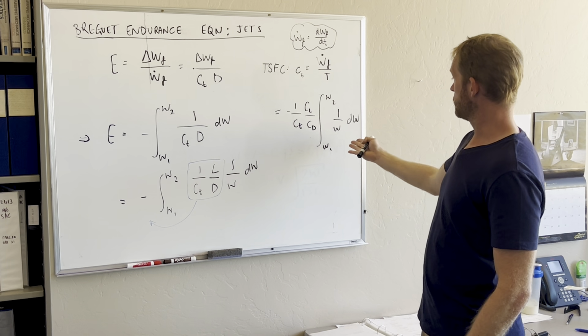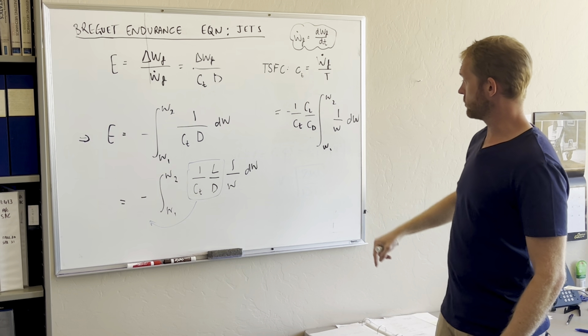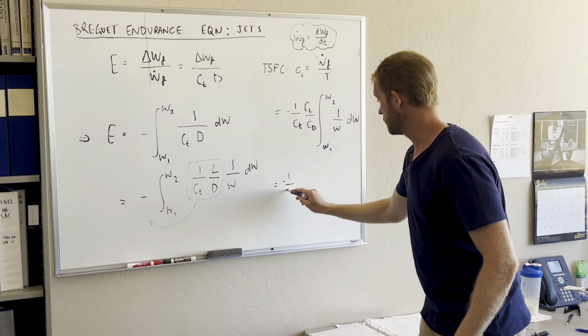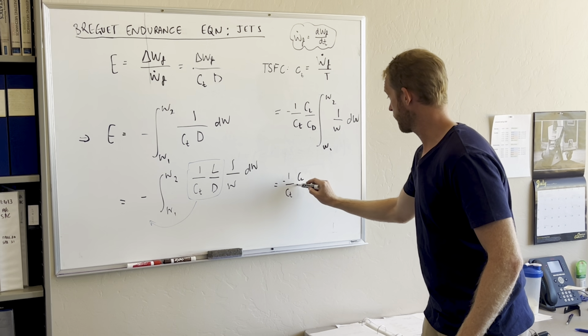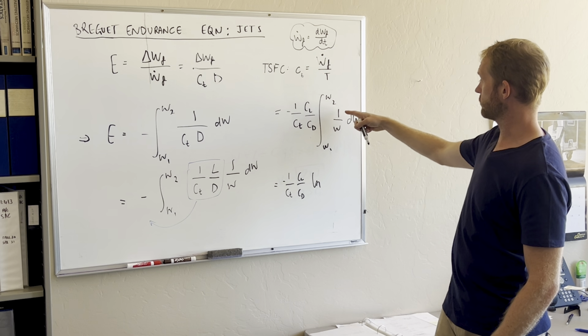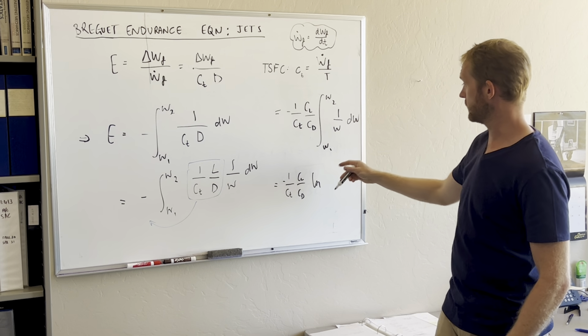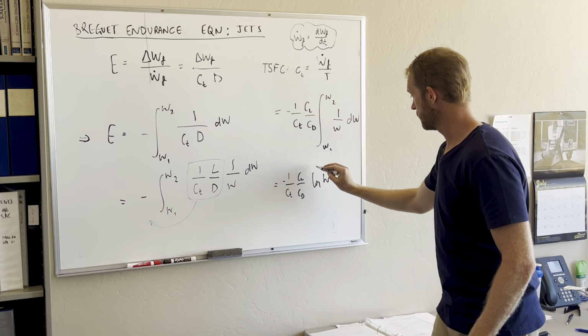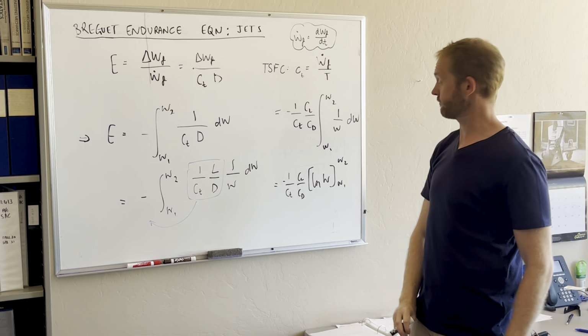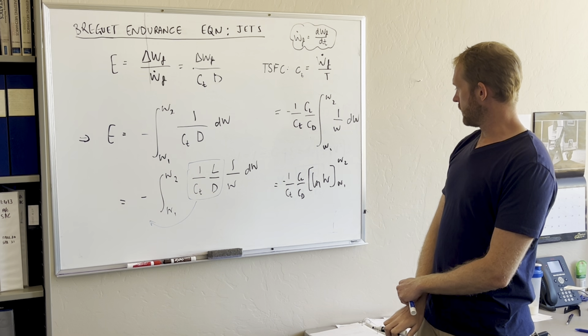And then I've just got a very straightforward integral to calculate here. So let's just do that real quick. Natural log, right? The integral of 1 over W with respect to W is the natural log of W evaluated between W1 and W2.